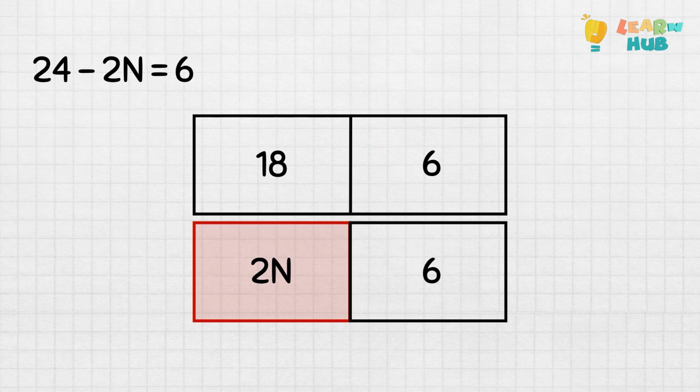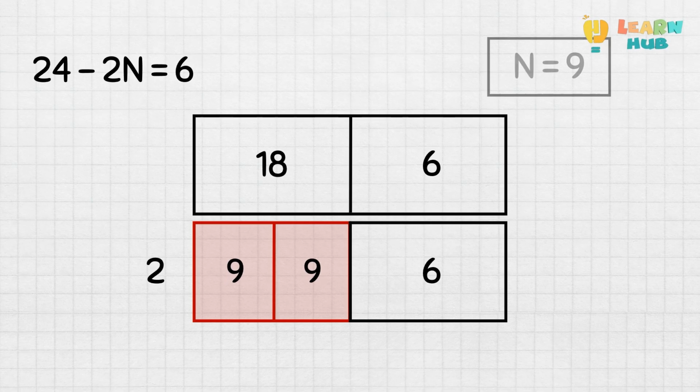Now, remember that this red bar, 2n, has the same length as the bar that we derived, 18. Dividing both bars into two equal portions, what will be the value for n? Correct, n must be equal to 9.